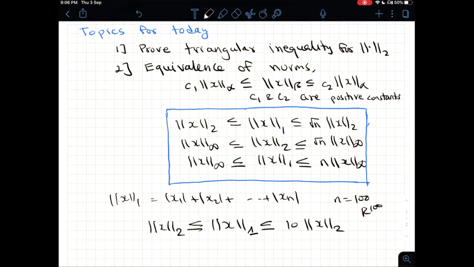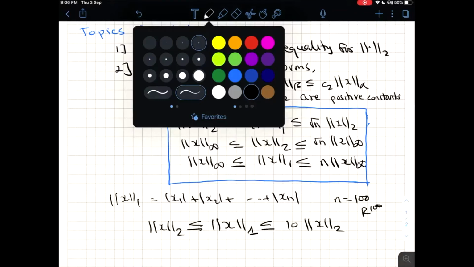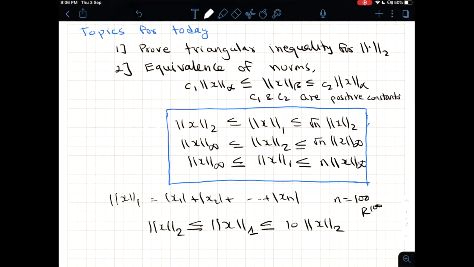In fact, the lower side bound is independent of the norm; they could be the same.